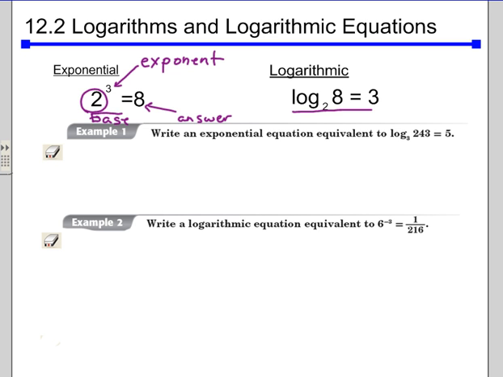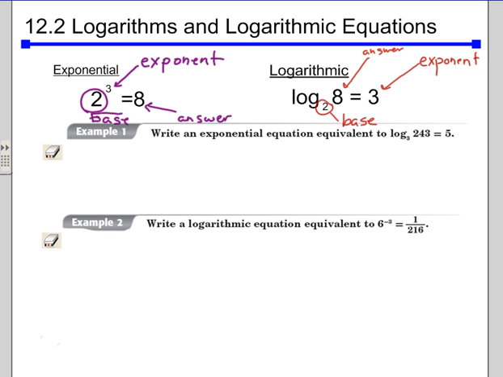So to convert that to logarithmic functions, if you look at this, the base is 2. Here's the base. A log function is talking about the exponent. So the exponent here is 3. And the 8 is the answer.